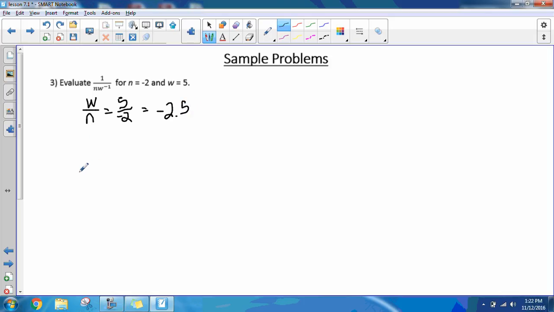The other method is to substitute first and then simplify. So I can do 1 over -2 times 5 to the -1 power. Well, that just means the 5 to the -1 power, we're dividing by that, so we're really multiplying by the reciprocal of 1 over 5 to the 1st power, which is just 5, which means we're really multiplying by 5.